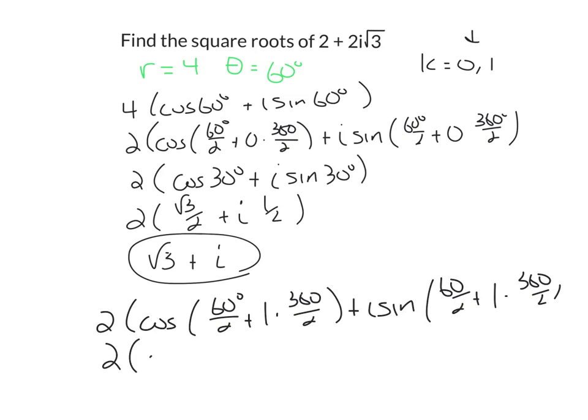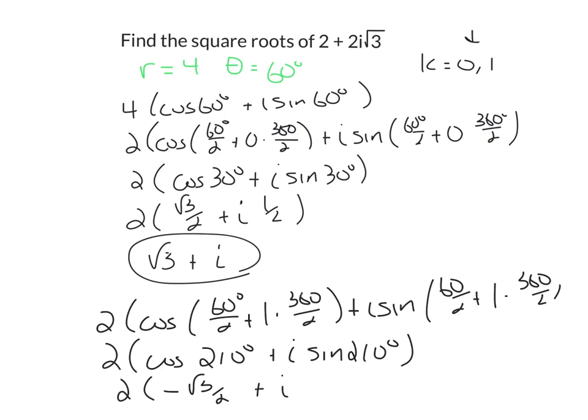If you work that out inside, you get 420 over 2, which is really 210. So I got cosine 210 plus i sine 210. 210 is really a 30-degree angle in quadrant 3, which means this is negative square root of 3 over 2, and this is negative 1/2. So my second square root would be negative square root of 3 minus i.